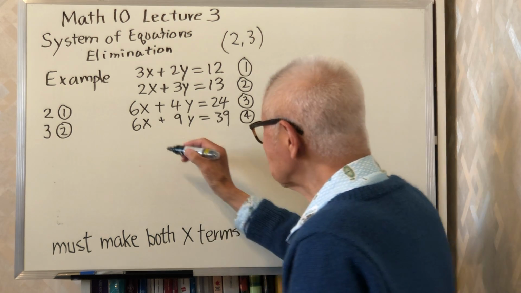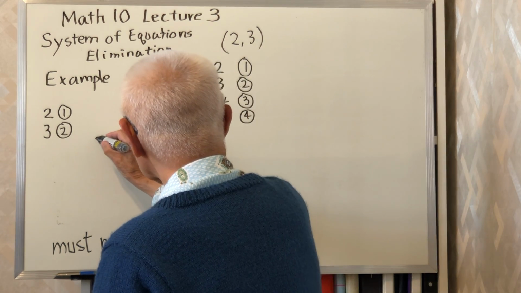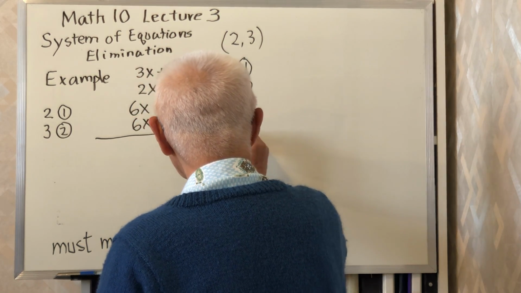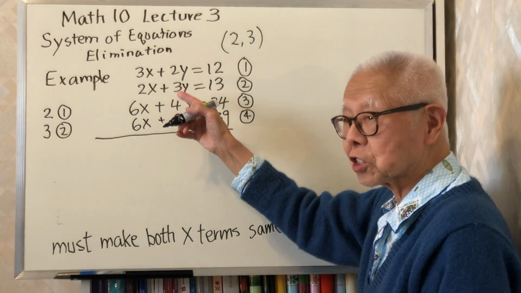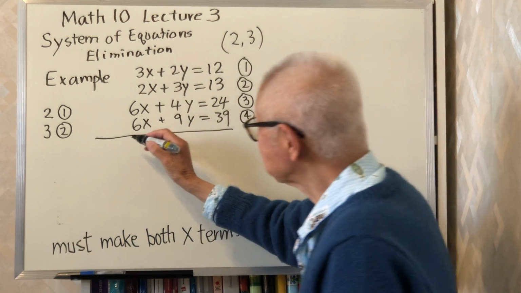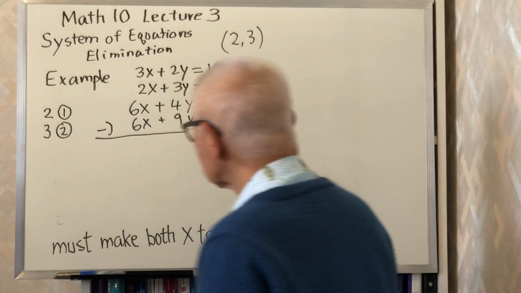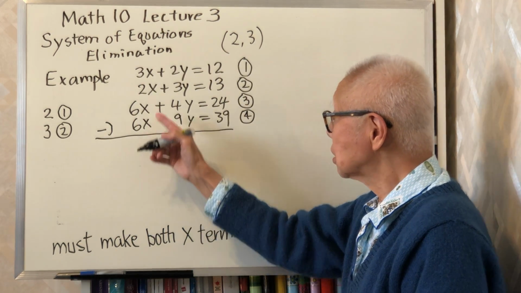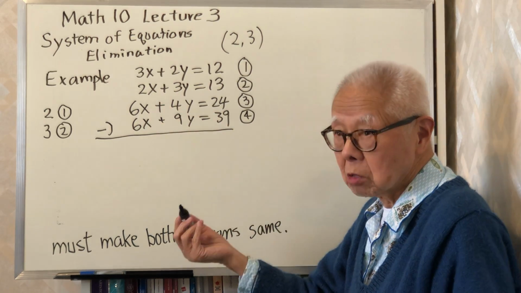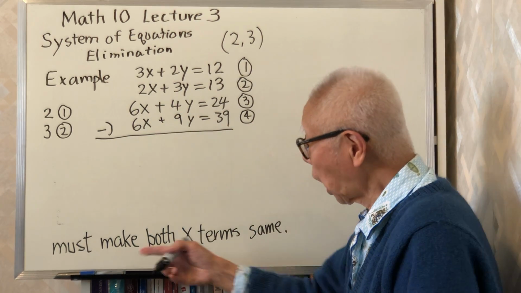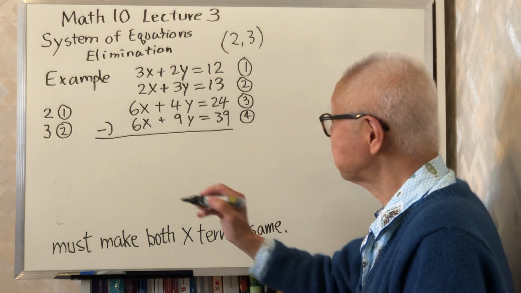Now what do I do? I subtract these two equations. If I subtract, 6x minus 6x is gone. So that's how we eliminate x.